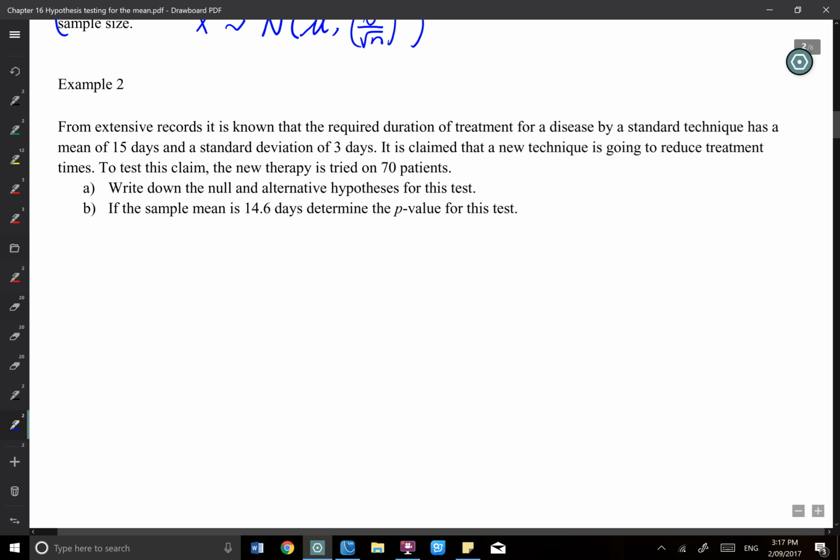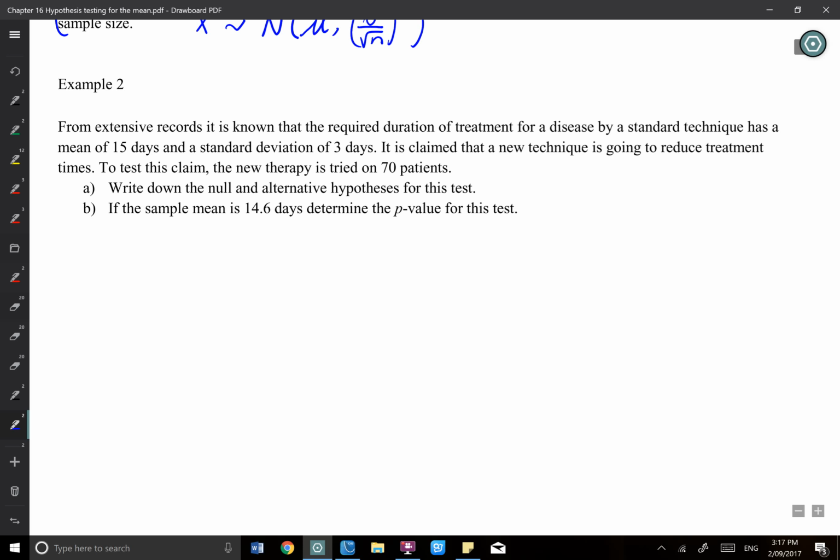Let's have a look at example 2. It says that for extensive research, it is known that the required duration of treatment for a disease by a standard technique has a mean of 15 days and standard deviation 3.